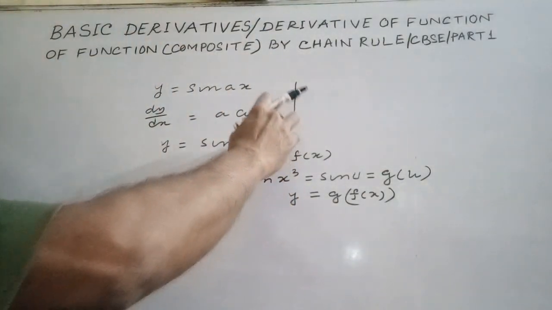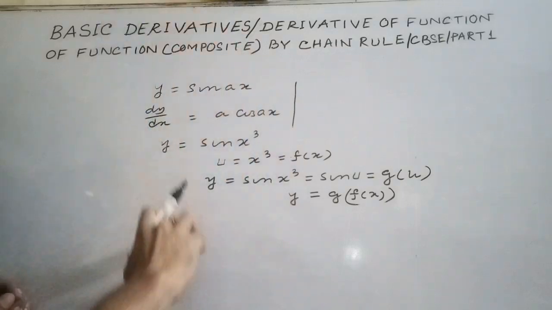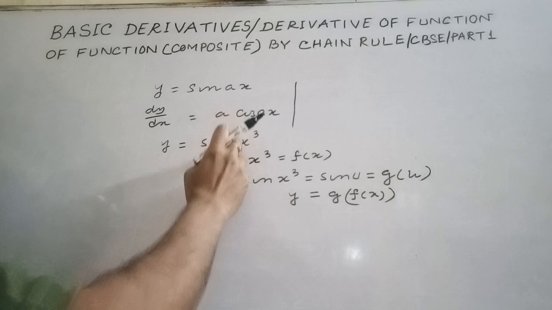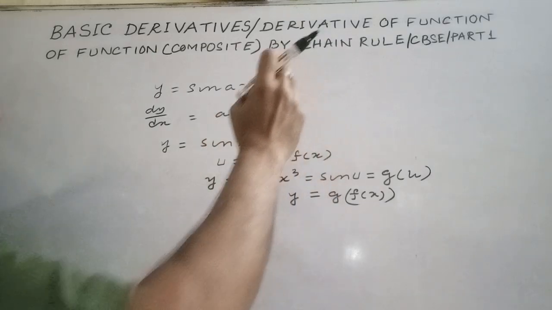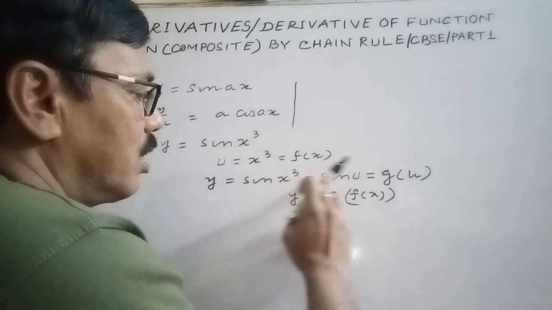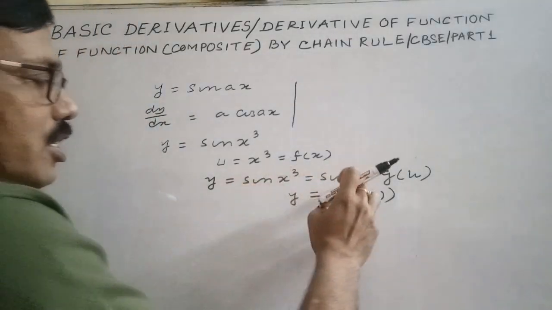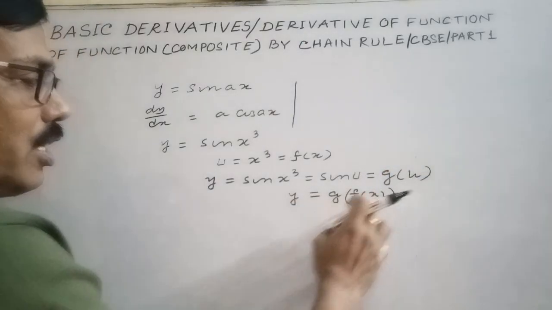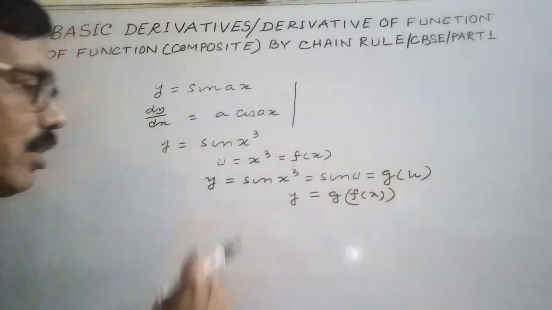So if the argument is not linear, we can take this u equals f of x. So y equals sine x cube equals a function of sine, this u is a function of x, so call it g of u. Now what is u? u equals f of x.